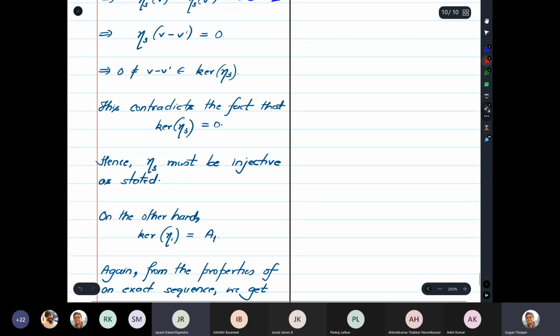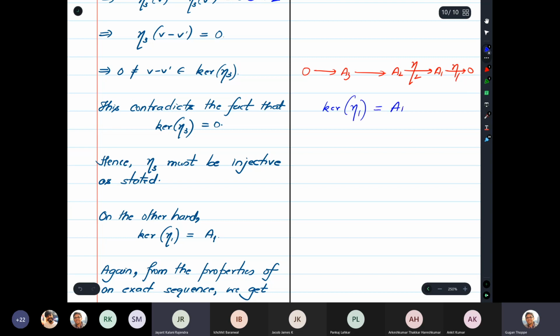And now let's look at the other property that is implied by a short exact sequence. So we have A3, we have A2, we have A1, and we have 0 over here. So let's look at what happens to the story on this side, right? Now because eta 1 takes A1 to 0, this automatically implies that the kernel of eta 1 is A1, right?